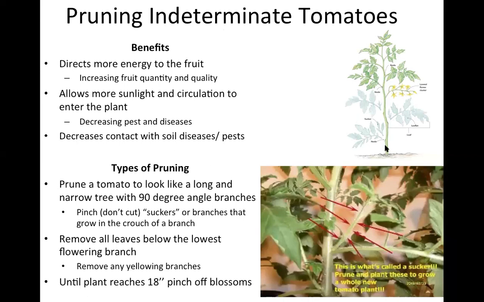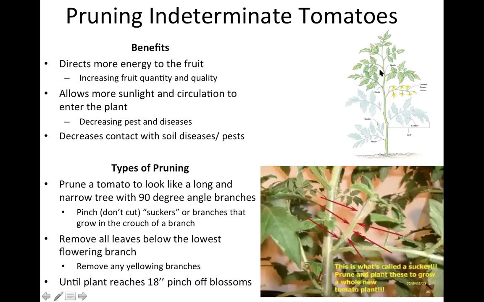So what you want to do is trellis these guys. At the first branch that flowers, you want to pull off all the branches underneath it, because they're not going to produce fruit, and they're just going to hang and touch the soil, and then there'll be a vector for diseases to get on the plant. After that, you want to go out there every day and look for suckers. These suckers grow in these little 90-degree angles.